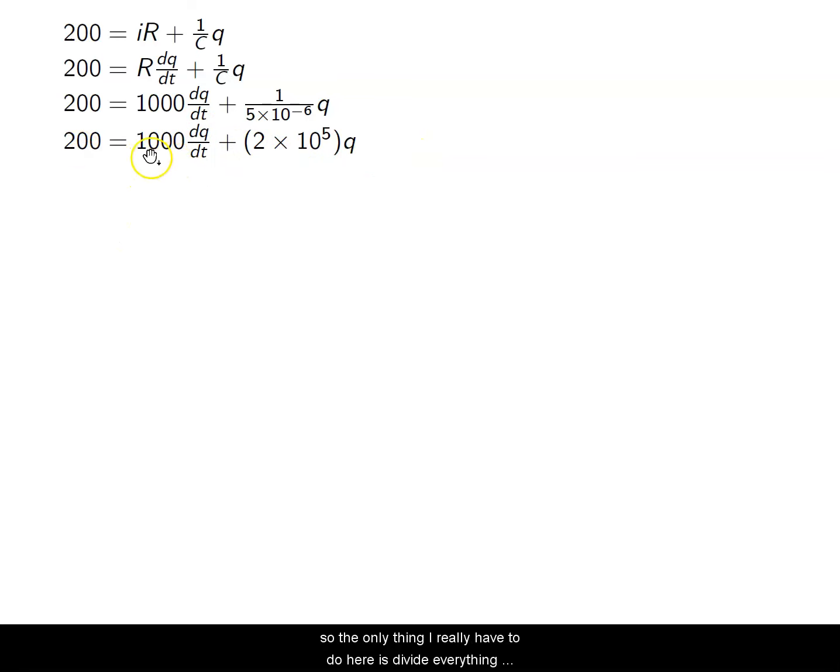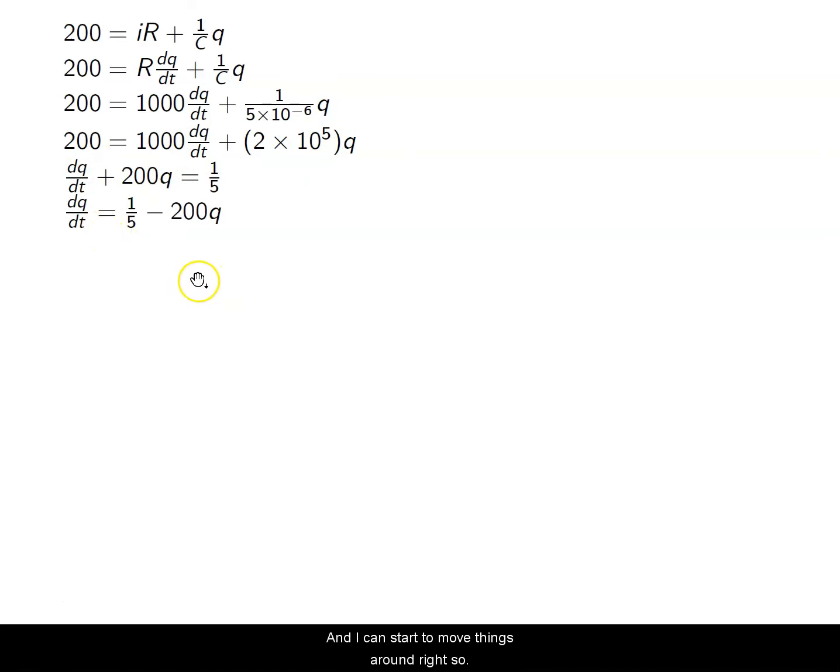So the only thing I'd really have to do here is divide everything by this leading coefficient term, and then I can find my integrating factor, right? So there we go. Divide by 100, takes off 3 of the zeros from the 1,000, so now I'm just at 200. Much easier to look at in this form anyways.